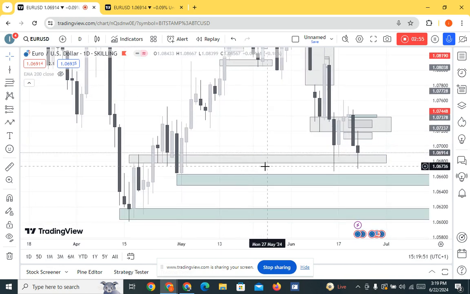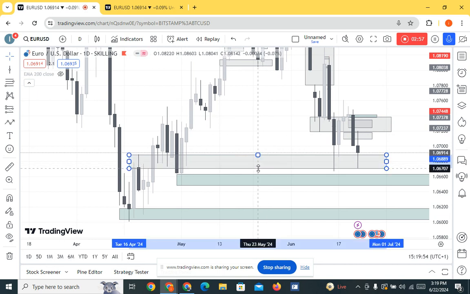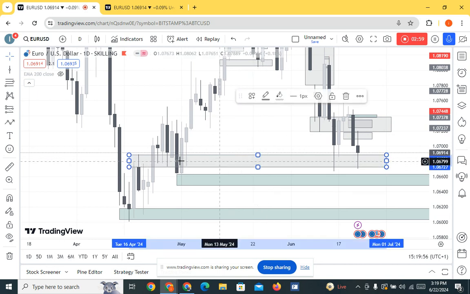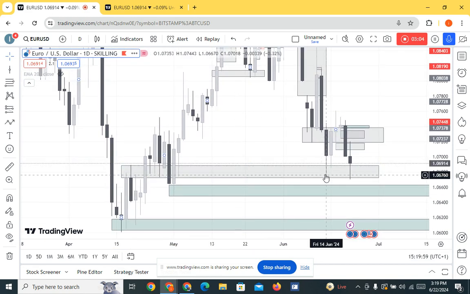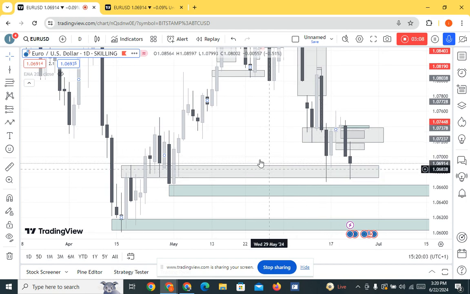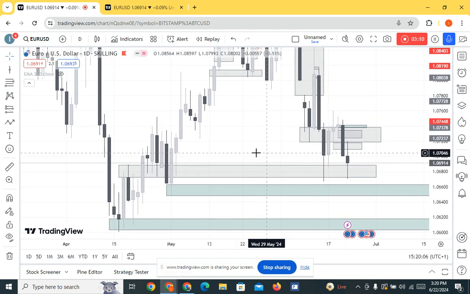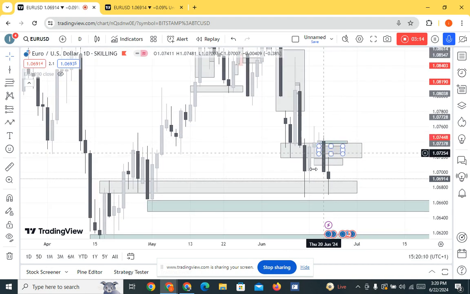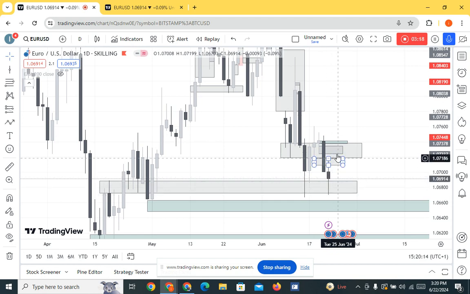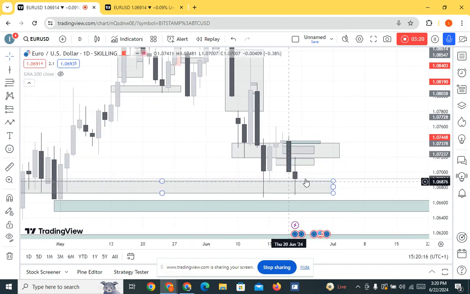I was hoping that price could react to this area. So here we are. Price came and reacted, tested the area, then pushed to the upside. It came again this week and tested it and then pushed, and now it's rejecting.